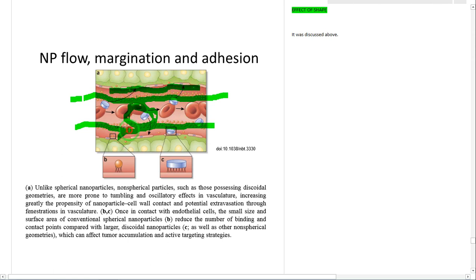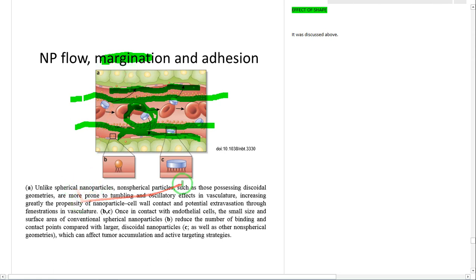Okay, so we can increase the margination effect. Let me see if I can find it. Yes, it's here, the margination effect by tuning the shape of the nanoparticles.